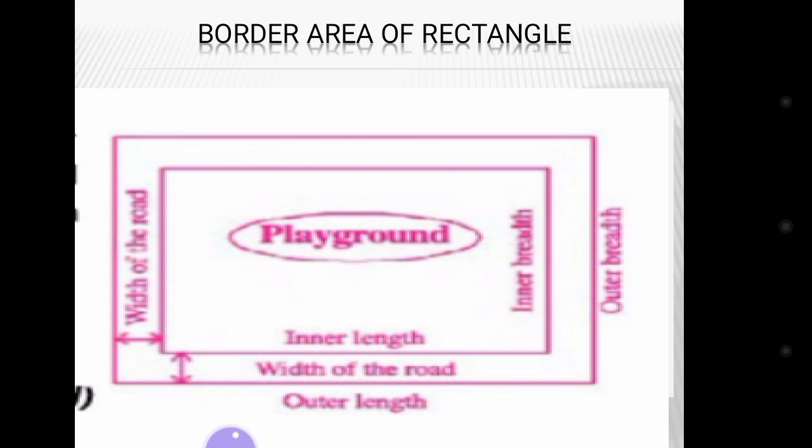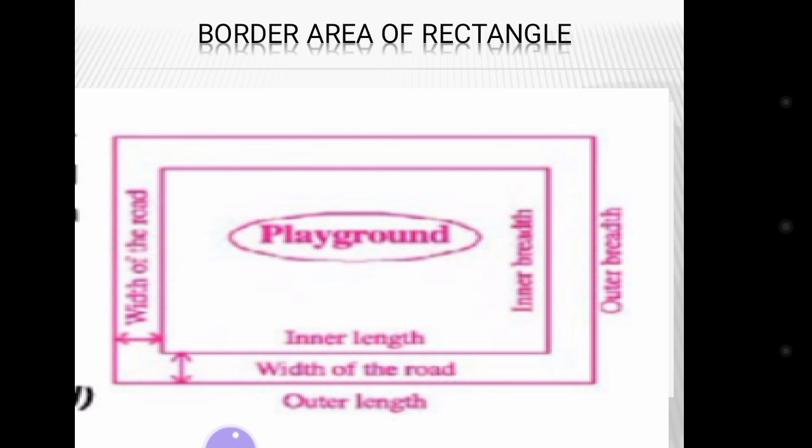The inner rectangle shows the area of the inner portion without the road, and the outer rectangle shows the area of the portion with the road. And the arrow in the figure shows the width of the road.